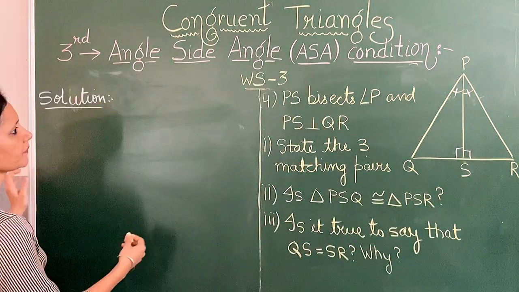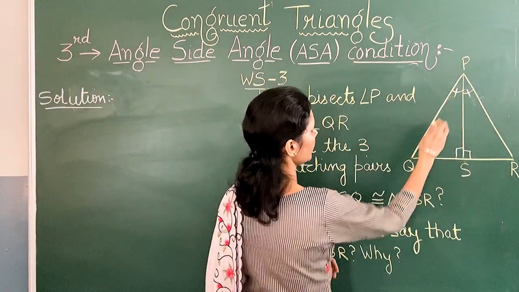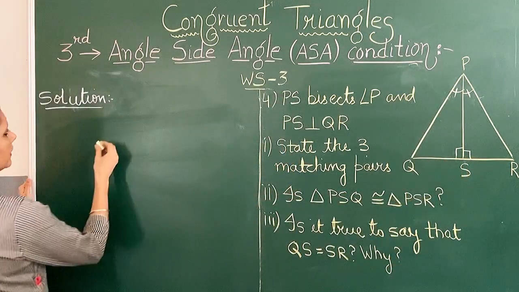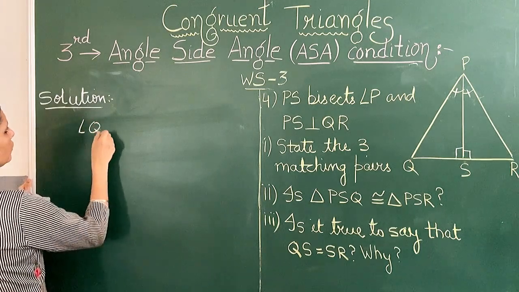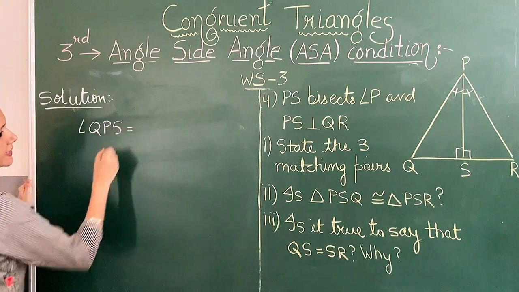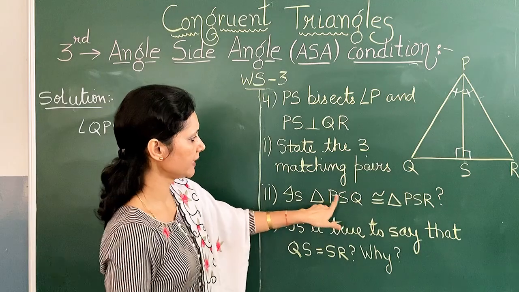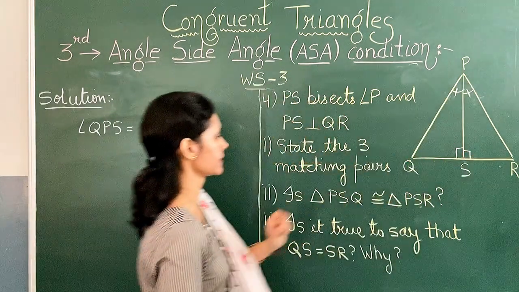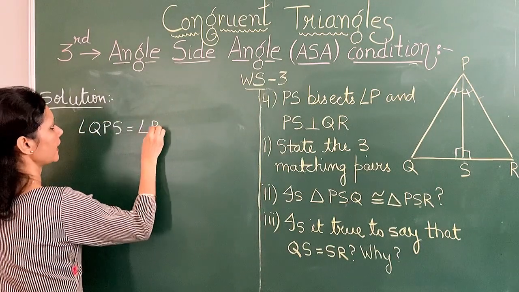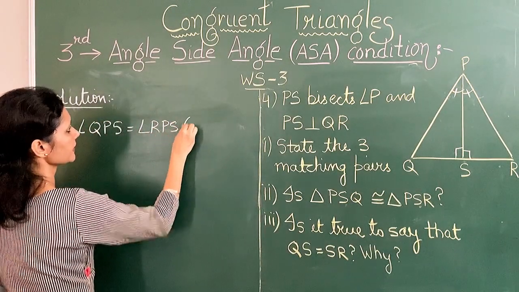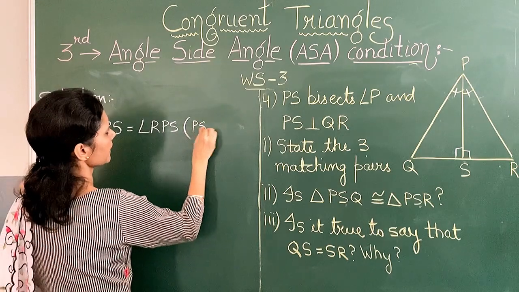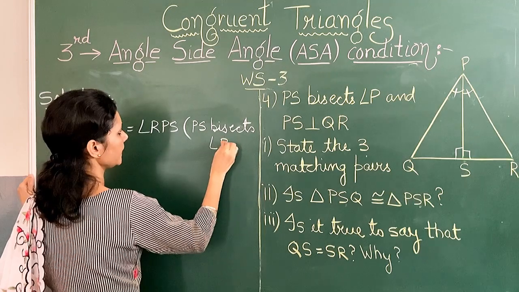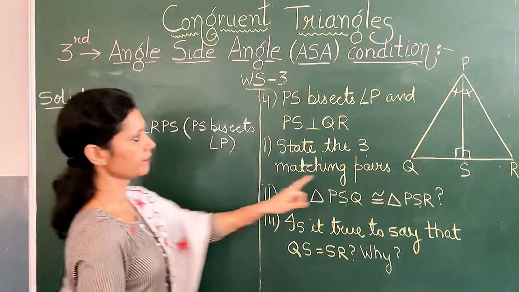Let's write it down. The name of this angle would be QPS. So angle QPS is equal to angle RPS. The reason is because PS bisects angle P. The second angle is this angle.